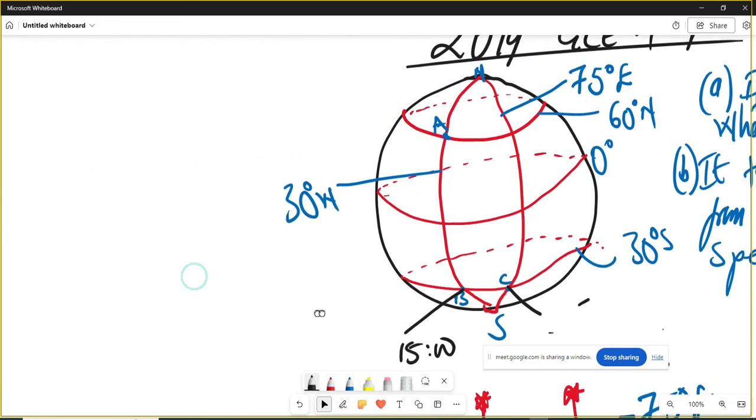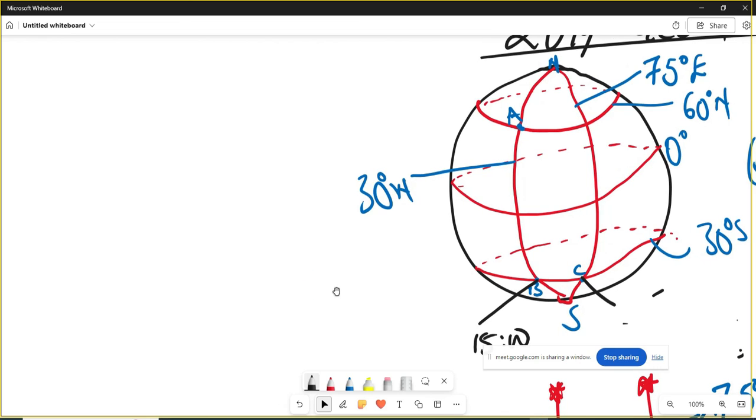Let me come this side. We need to use the longitude formula where distance is equal to theta over 360 times 2 pi r, using a calculator. Now, if you remember what I told Rachel yesterday, with paper 1, avoid using this formula because you're not allowed to use a calculator.